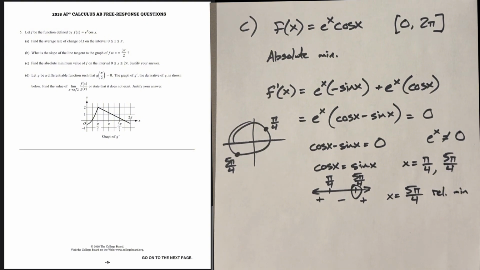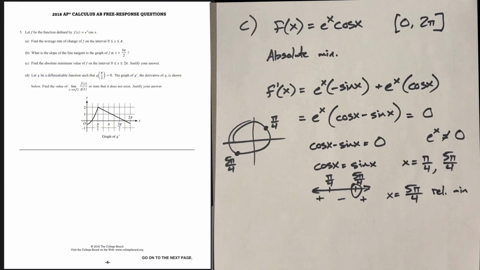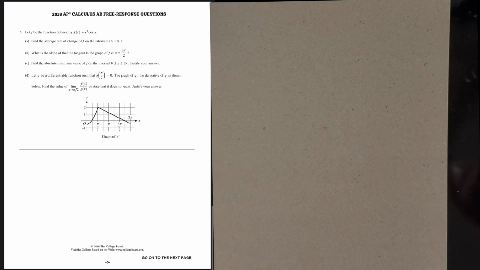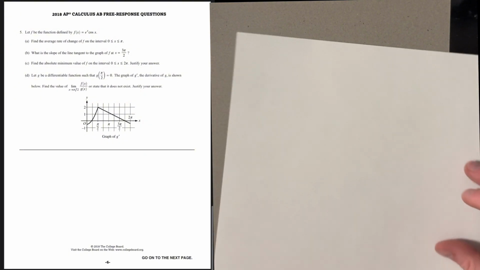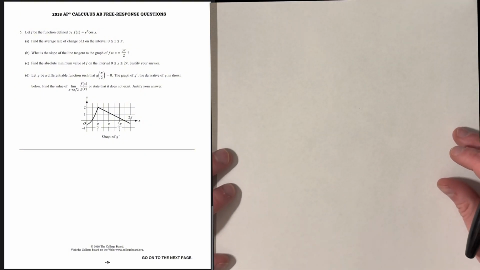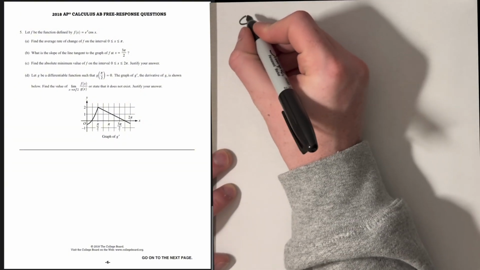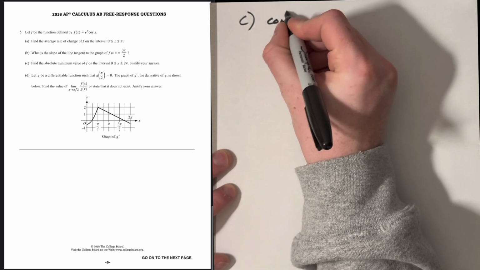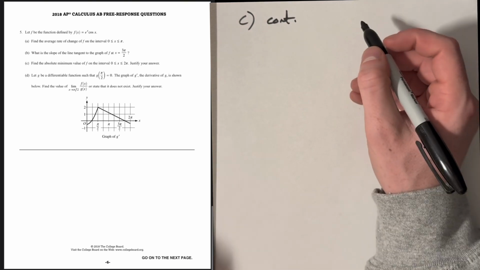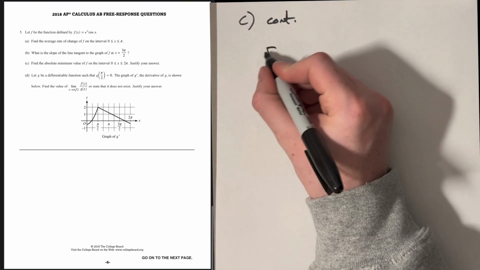So now we have our relative minimum, and we need to use our candidates test in order to find the values. I'm going to use a different sheet of paper just to keep this nice and clean for us, but I'll write down the important information. So part C, continued. Our important information is this.